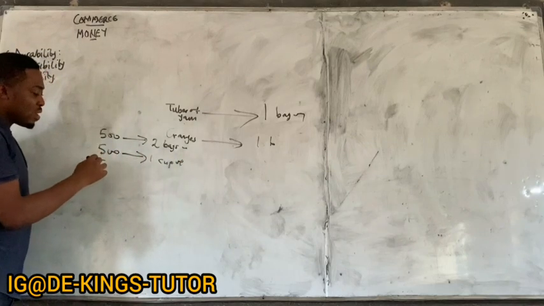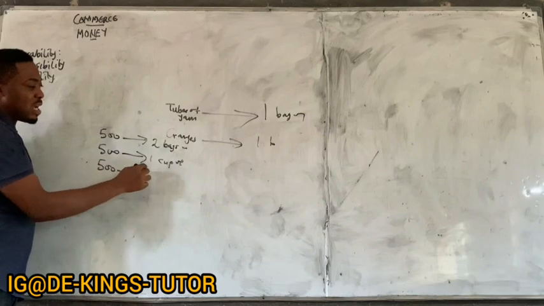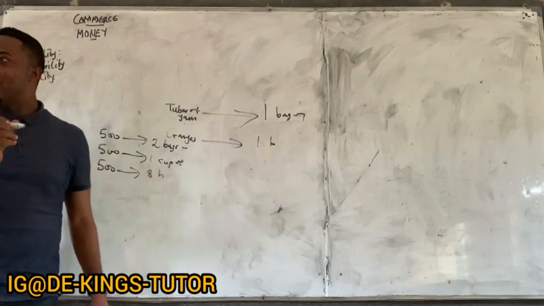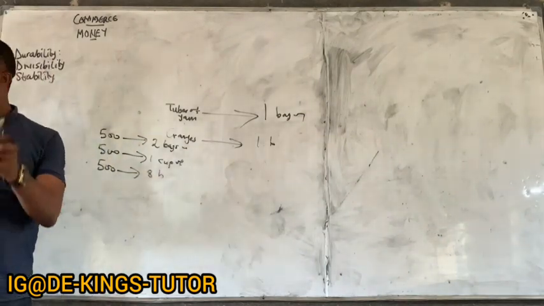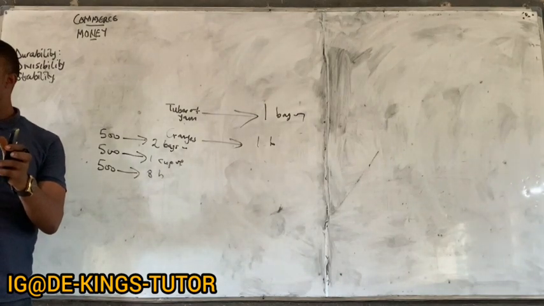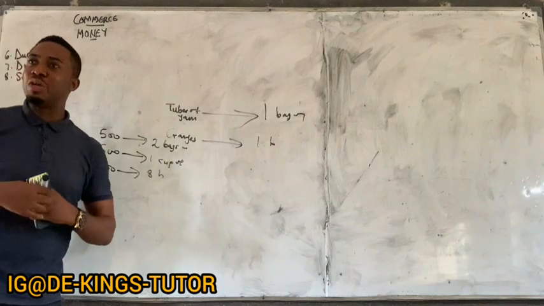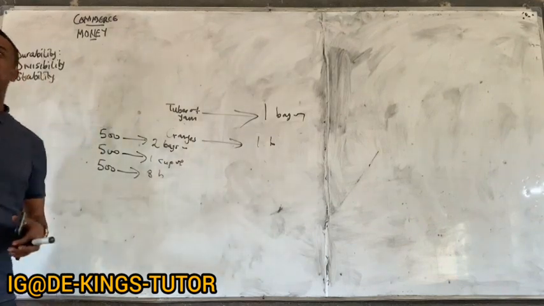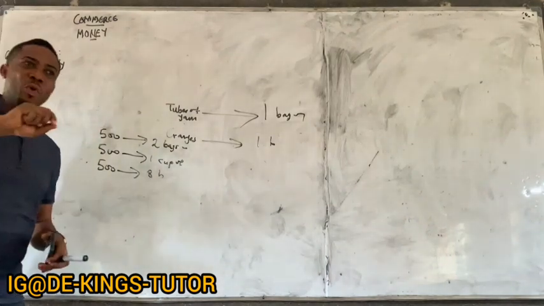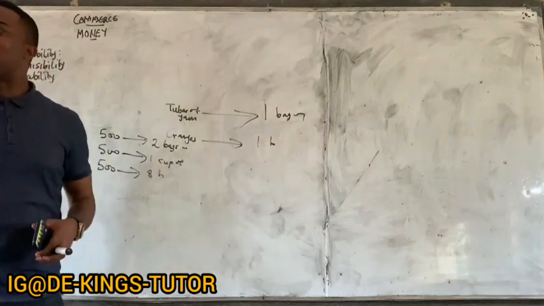Then next week, this same 500 can purchase 3 bags of rice. You see, the value is fluctuating. Do you understand me? And it fluctuates rapidly and easily. So whatever should serve as money should be relatively stable, so that the business can be predictable.